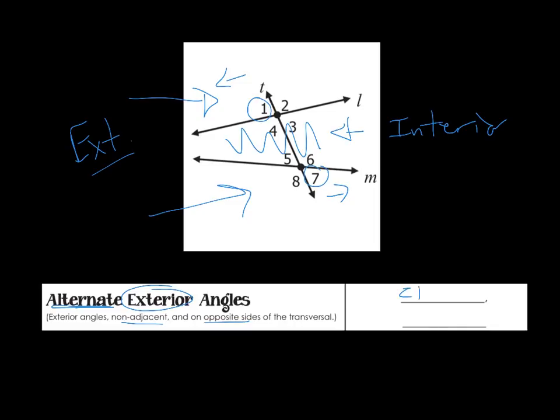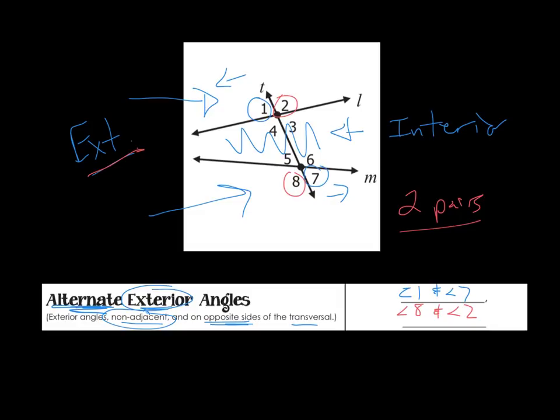So angle 1 and angle 7 are alternating exterior, right? Opposite sides of the transversal and not neighbors. And who else? 8 and 2. So angle 8 and angle 2 are also alternating exterior angles. Okay, and again, two pairs of those.